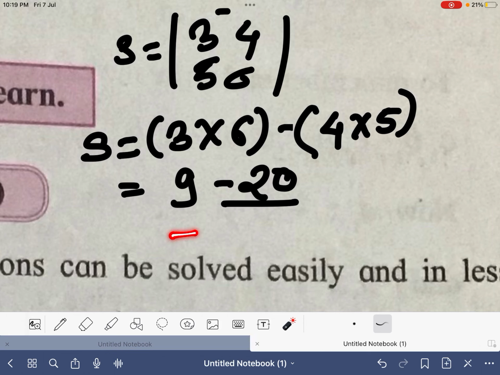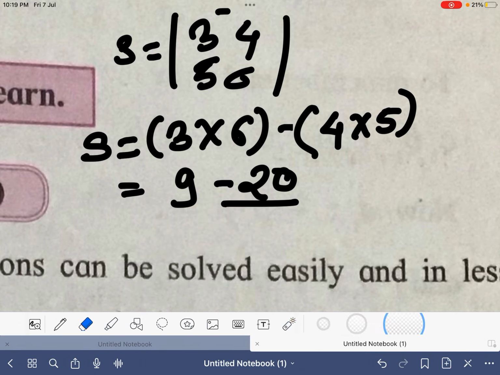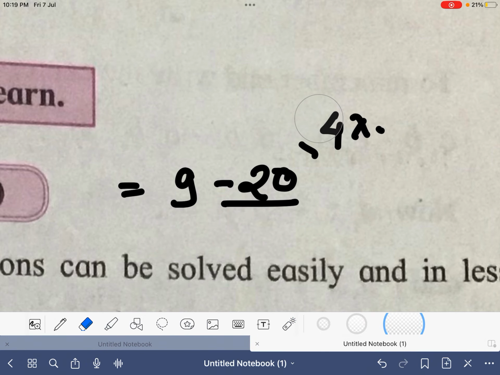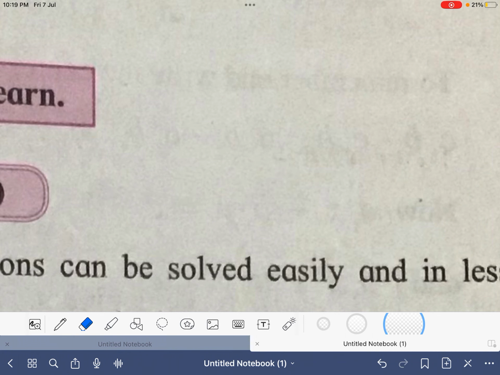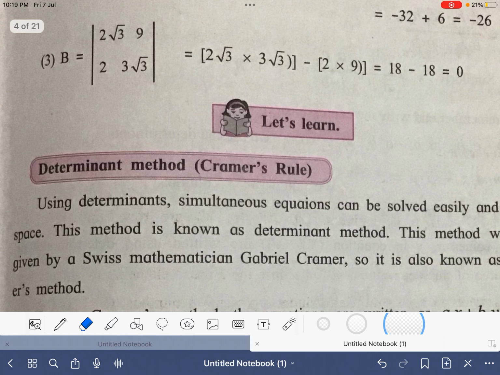So minus 11 is the correct answer for this set. Clear? Chalo. Now let's move to the next point, so that we have to focus on it. So now we are solving the formula, or we are discussing the Cramer's rule.